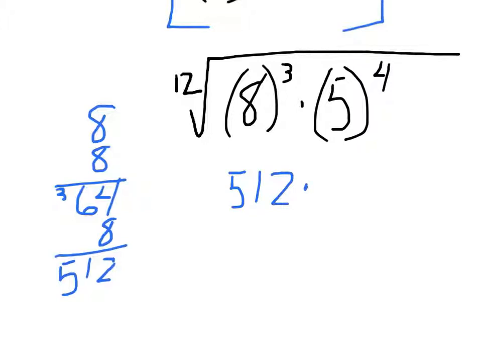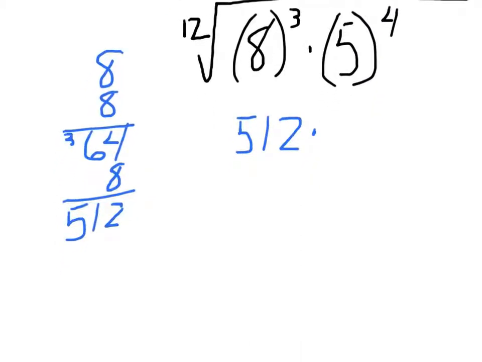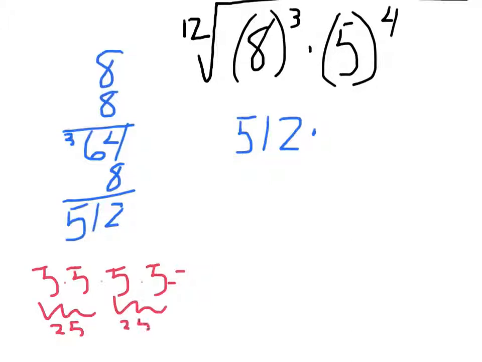And then 5 times itself 4 times. Okay, we can look on the page, but we can also just go 5, 5, 5, 5. We can say here's 25, here's 25, right? So we can say 25 times 25.